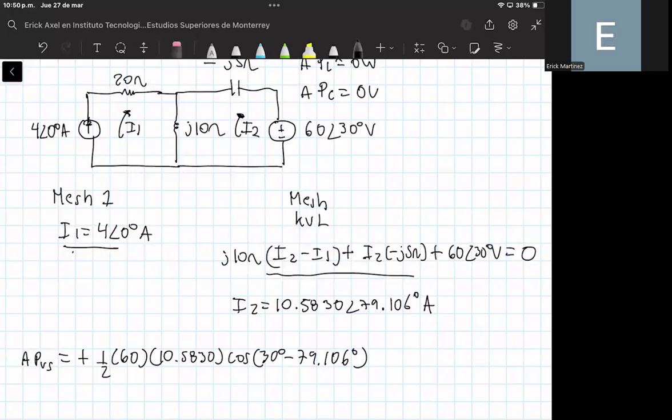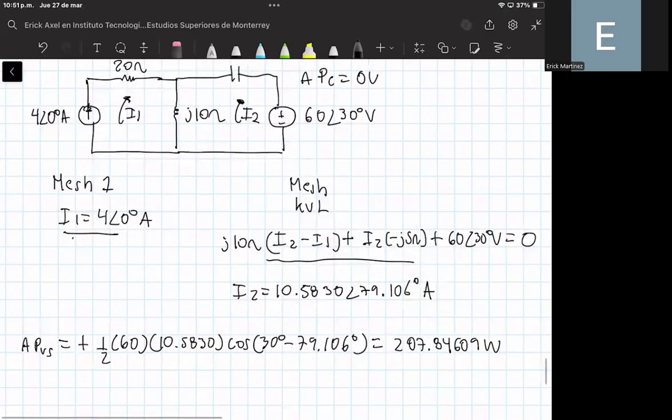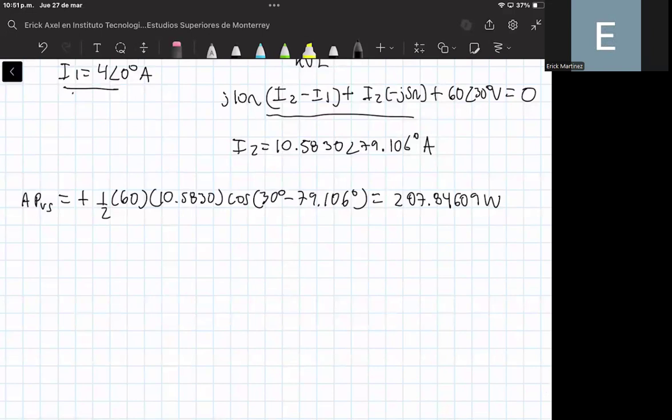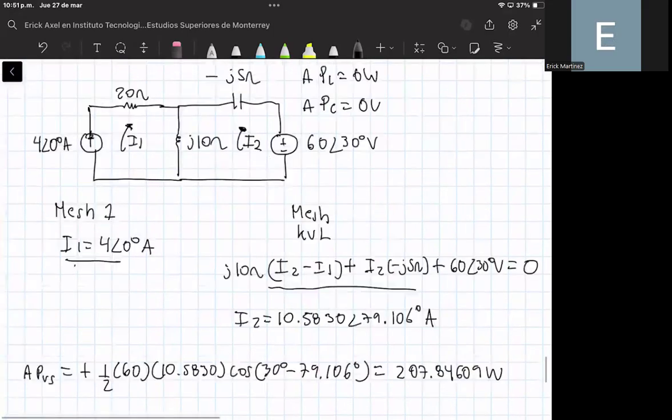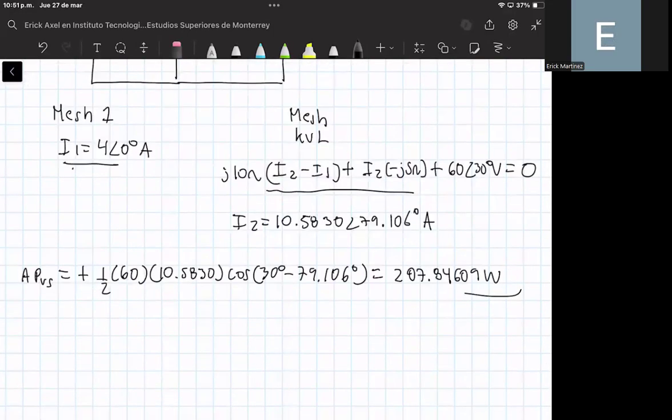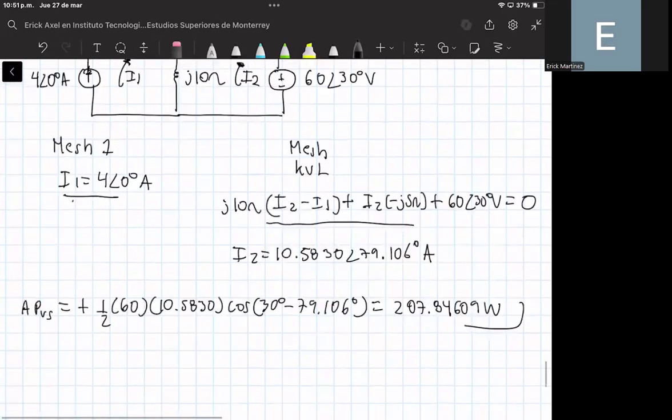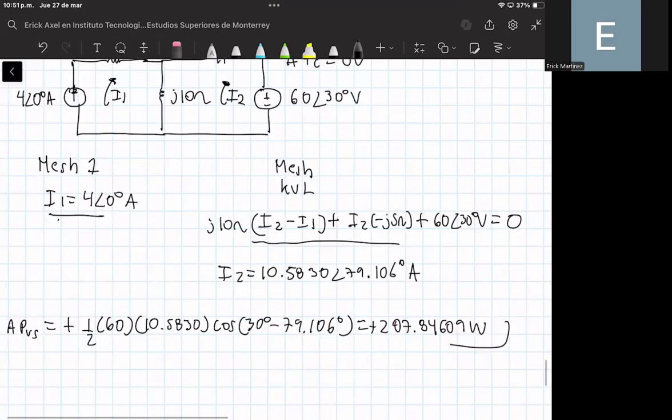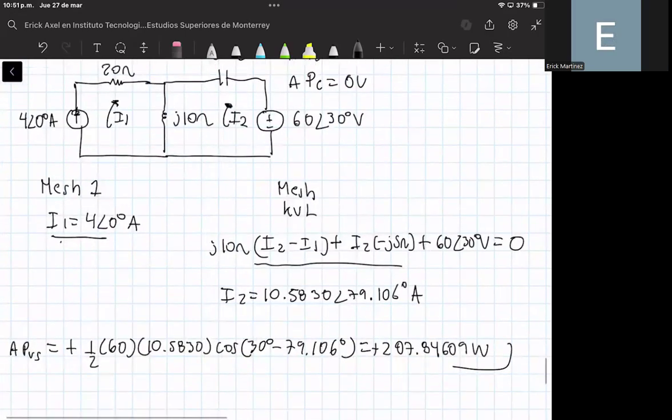And this is equal to 207.8469. So this is the average power of the voltage source, and it's positive because again, I2 is entering through the positive terminal.